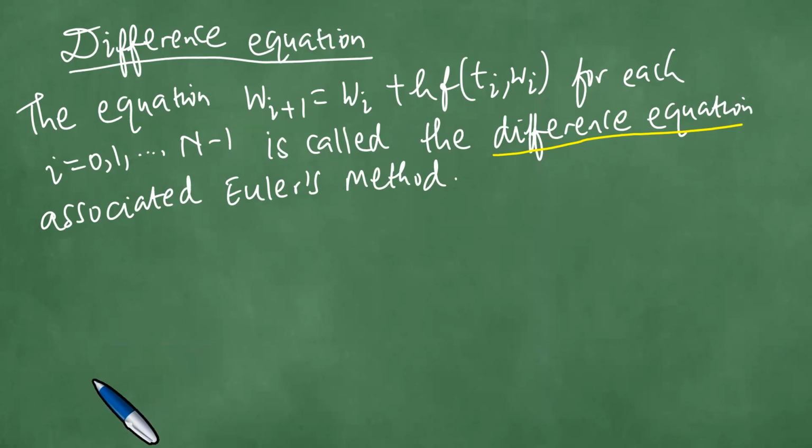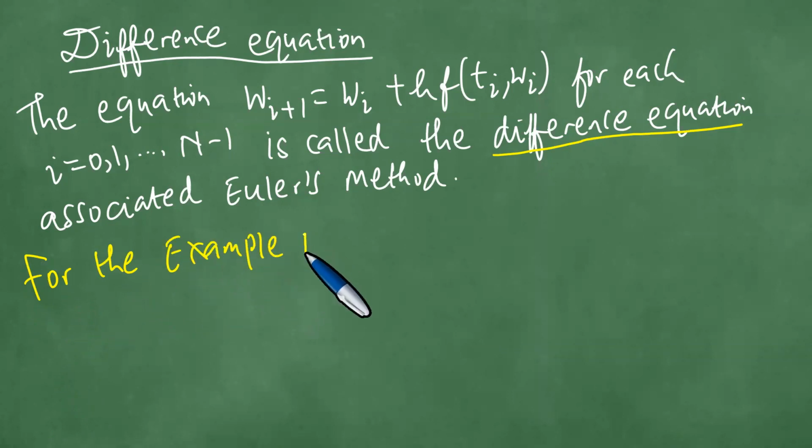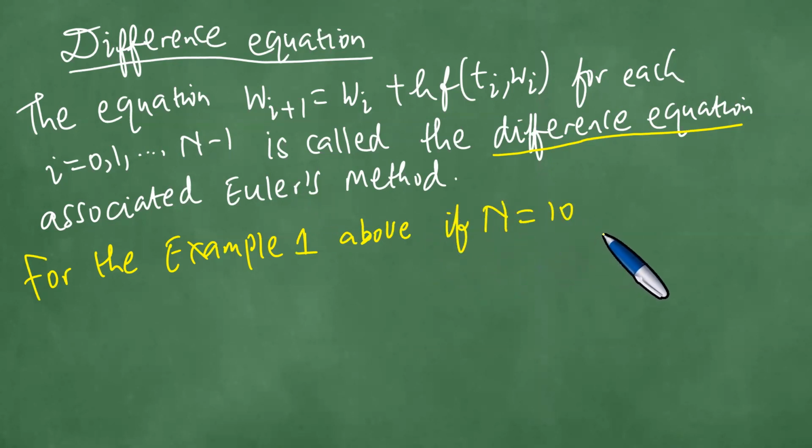Now, for example, for the example above, for example 1, it's a remark I want to give there. If capital N is 10, so we go up to capital N equals 10, it means we're going to stop at 10 minus 1, which is 9.